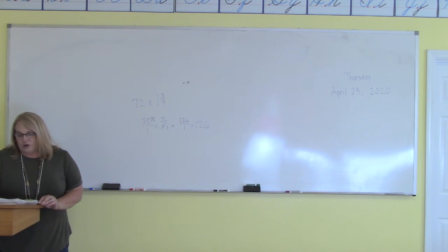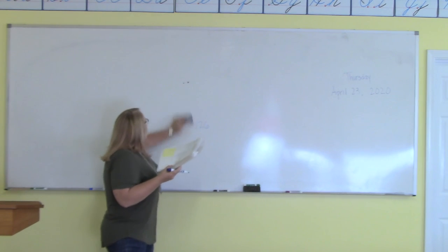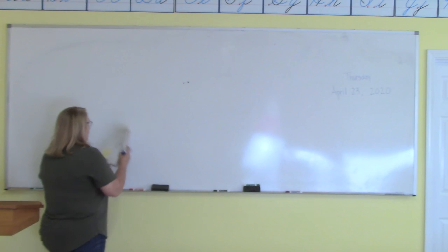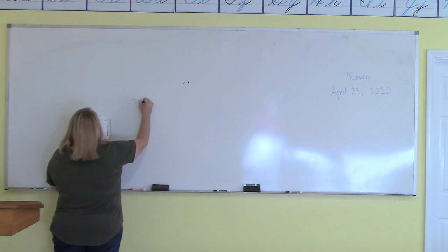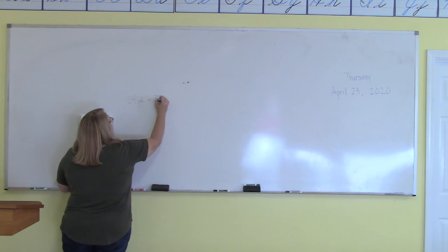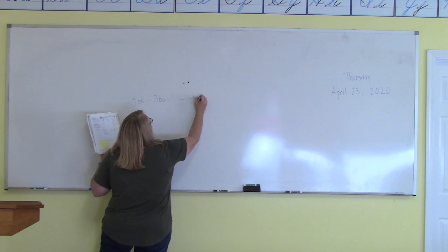All right, number 4, you're solving the equations, the measurement problems. We'll do those together. You have 24 pecks minus 3 bushels equals how many bushels?